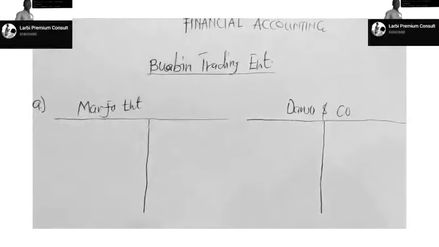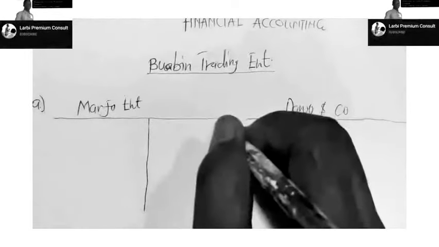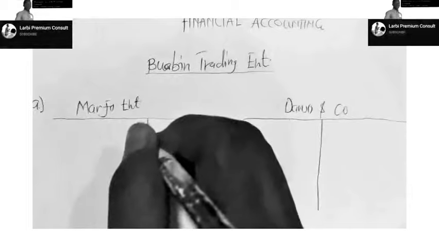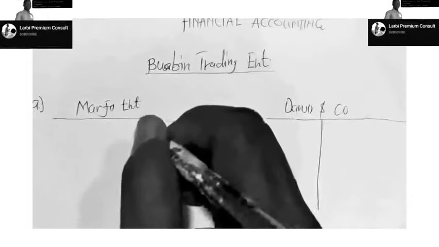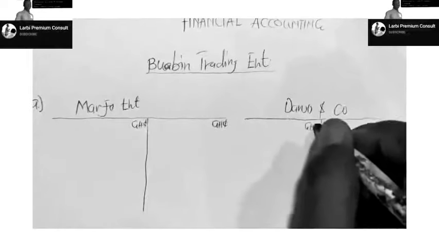So we have Marfo Enterprise, and the balance in Marfo Enterprise was credit because he is our supplier. All suppliers have a credit balance, unless in other cases where we will have a debit balance. We'll explain that as we move along. The currency is Ghana cedis.